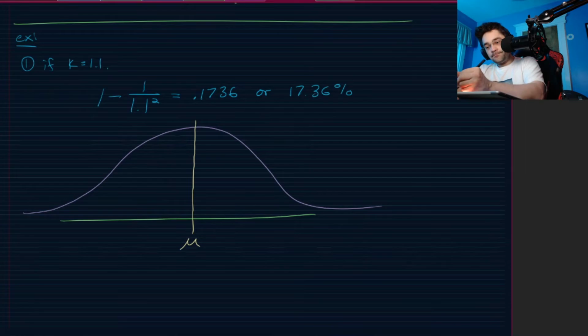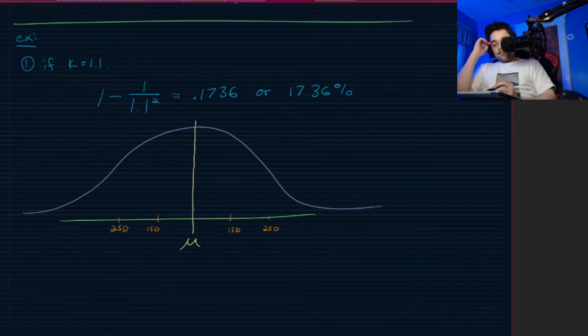So if we go out one standard deviation in each direction, so if this is like one standard deviation, two standard deviations, right? Chebyshev's theorem says that, by the way, this says 1 SD, 1 SD, 2 SD, 2 SD. I know it's a little sloppy, hard to understand.